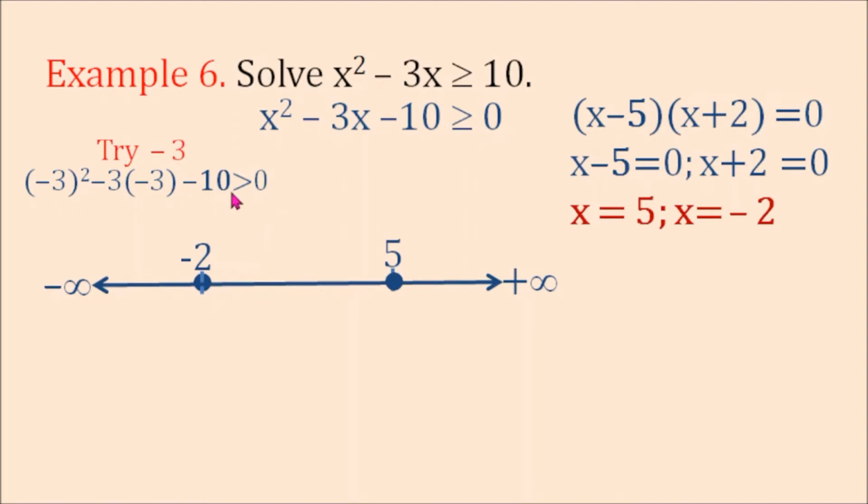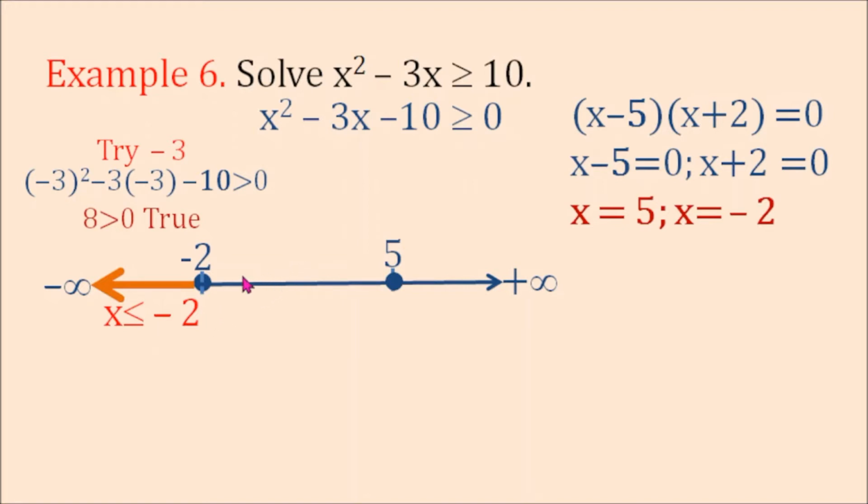Now simplifying this part here, that gives us 8. And 8 is greater than 0, so it's true. Meaning to say, this interval here is a solution. So, since negative 2 is included, we will say x is less than or equal to negative 2.